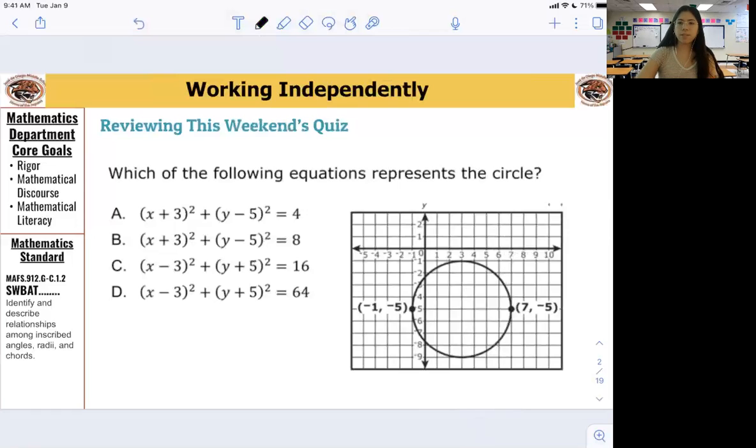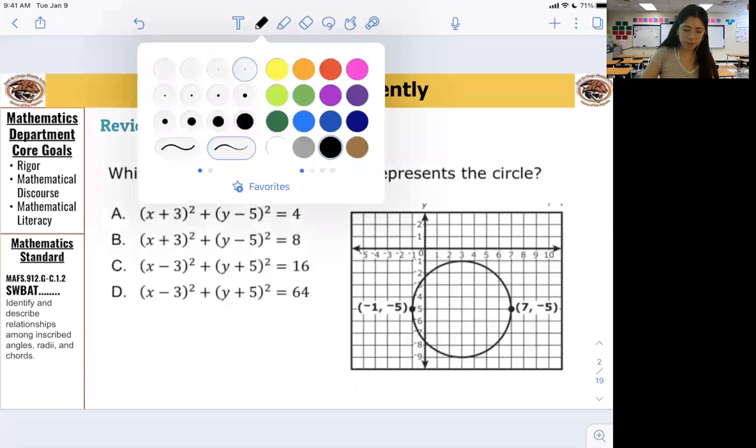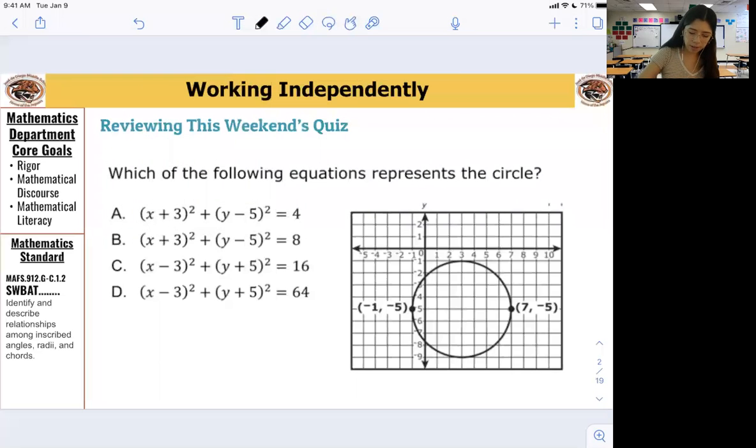All right, cool. So for the equation of a circle, I'm going to write the general one. It's (x minus h) squared plus (y minus k) squared equals r squared. So r is radius, right? That means whatever you have here should be the radius to the power of 2.